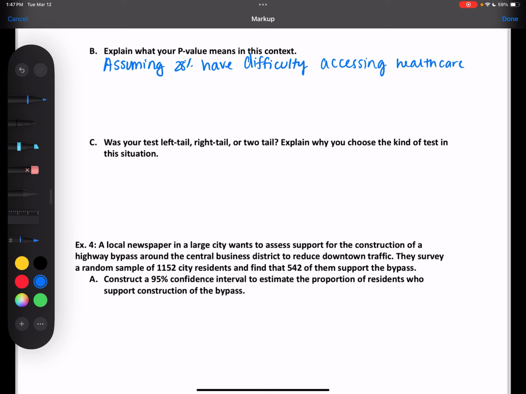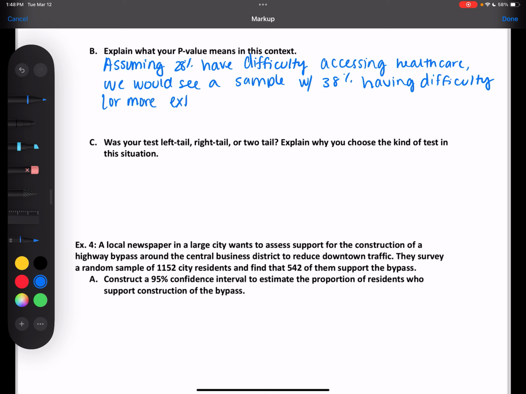We would see a sample with 38% having difficulty or more extreme about 0% of the time due to sampling variation.